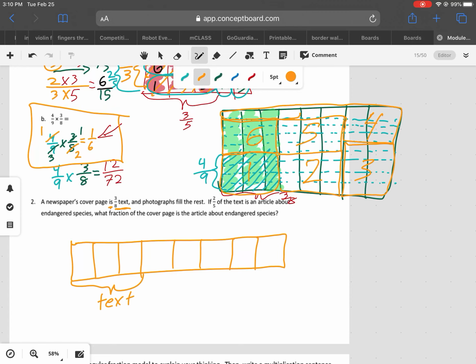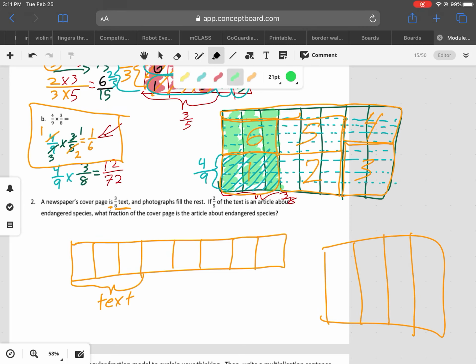Sorry, I'm looking for something to help me clarify a point. Okay, so now we just have to look for 2/5 of 3/8. So our tape diagram does help us start off the process, but we actually have to just look at 3/8 in this respect. This is the way I like to do it.